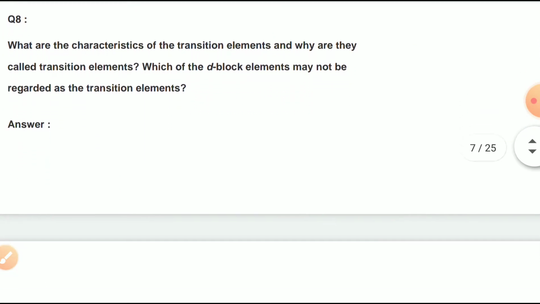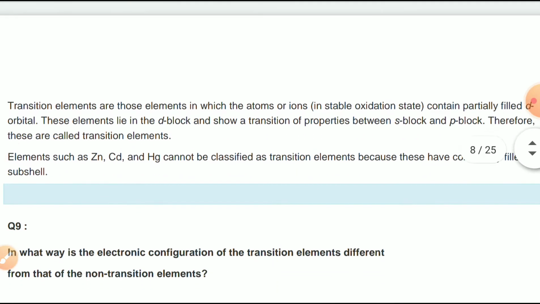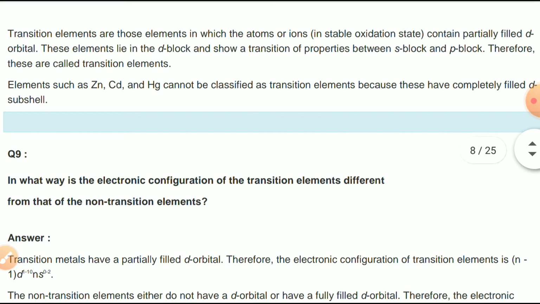Question number 8. What are the characteristics of the transition metal and why are they called transition elements? Which of the d block elements may not be regarded as transition elements? So answer, transition elements are those elements in which the atoms or ions contain partially filled d orbitals.